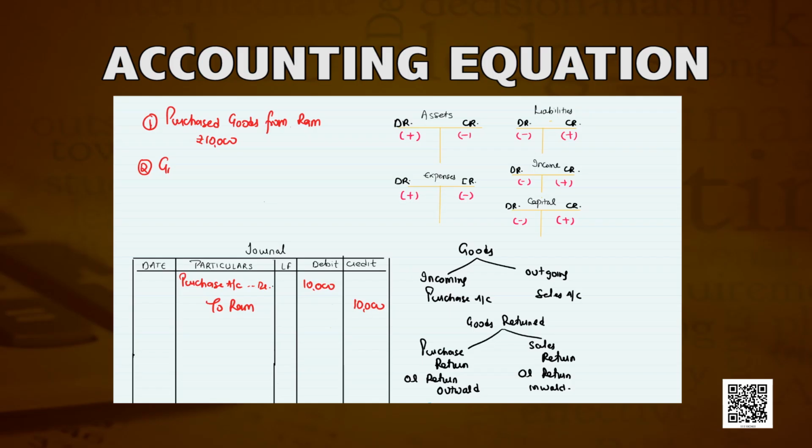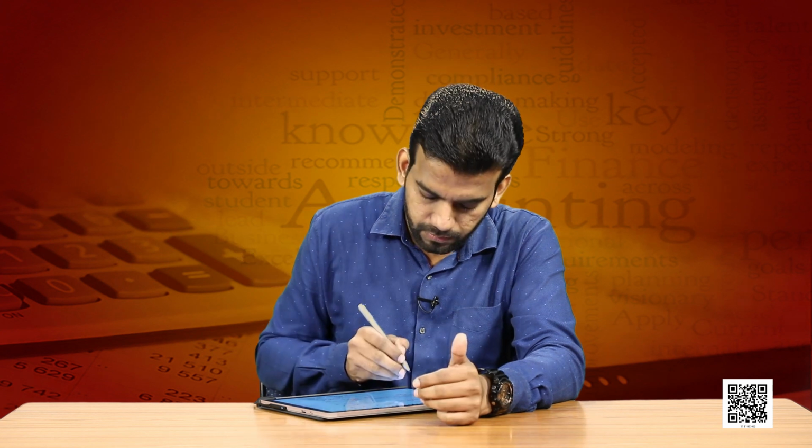Now, I'm going to return these goods, not all, few of the goods to Ram. Goods returned to Ram. I return goods to Ram. Now, you just look at the entry when we bought goods from Ram. Purchase account debit to Ram.